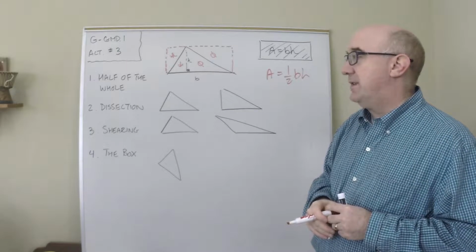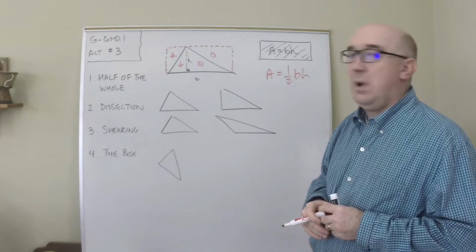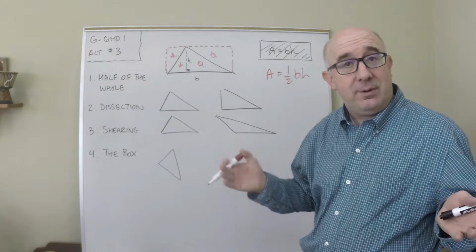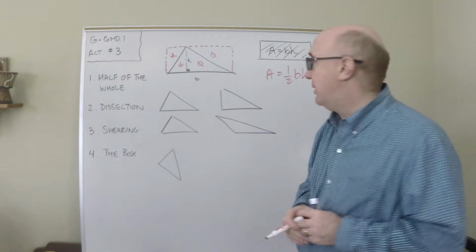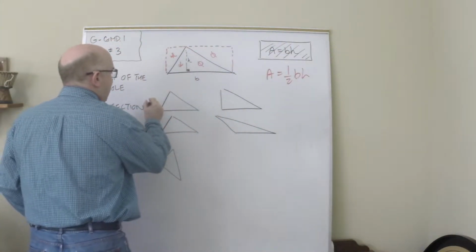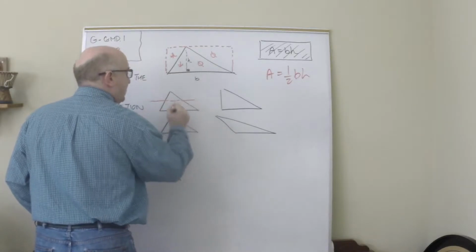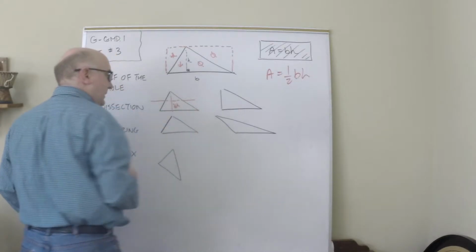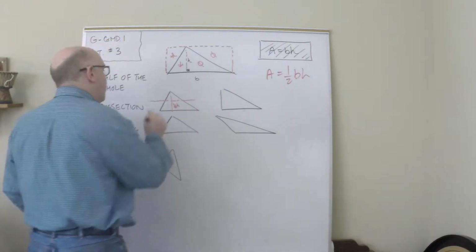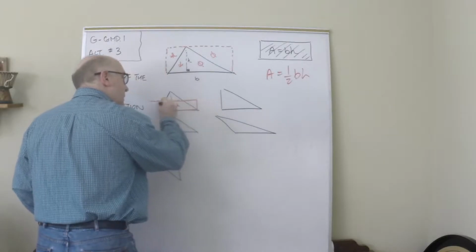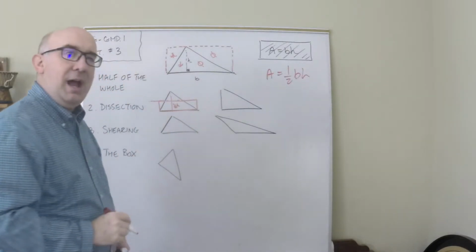Another is one of dissection, and there are many ways to dissect a triangle to make the formula make sense. Let me just look at a couple here. One way might be to split it in half. So if we took the original height and we did half of that height, what happens is it creates, again, a nice little rectangle here. And this rectangle, how do we fill it?